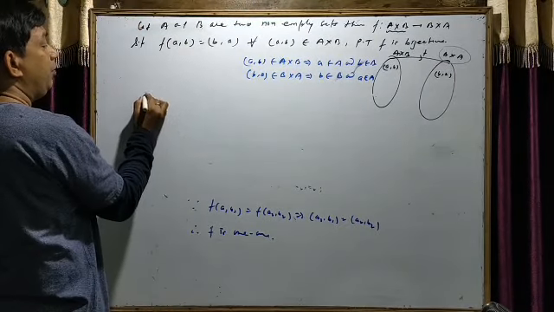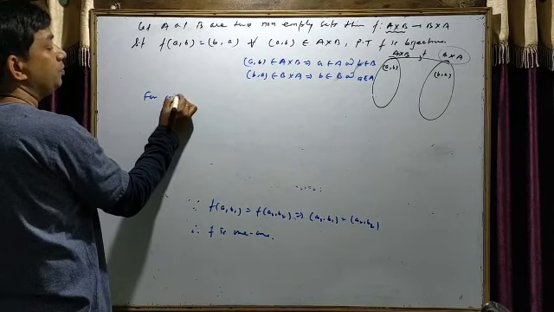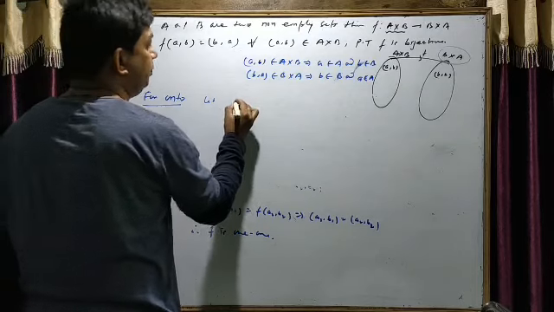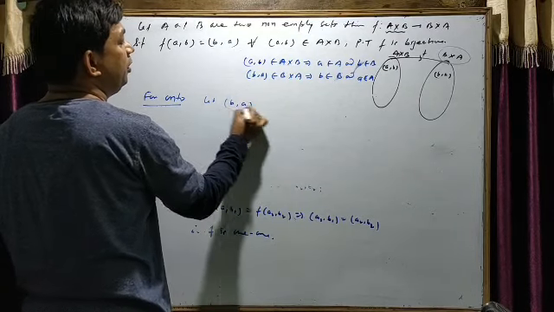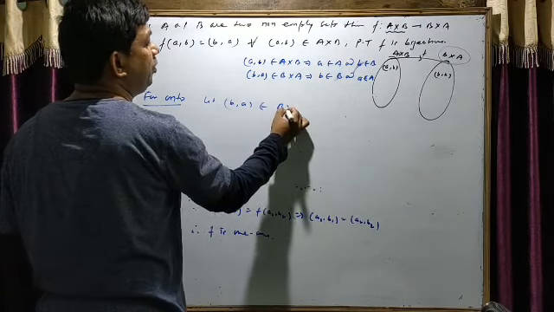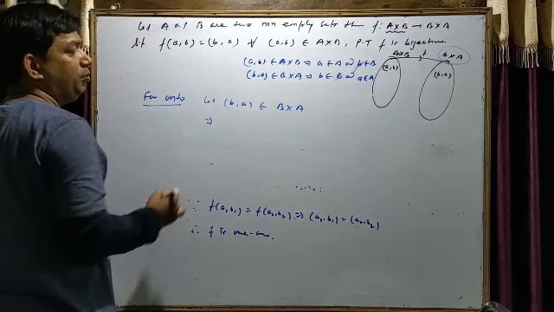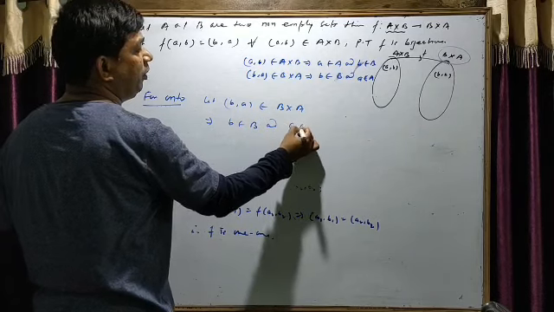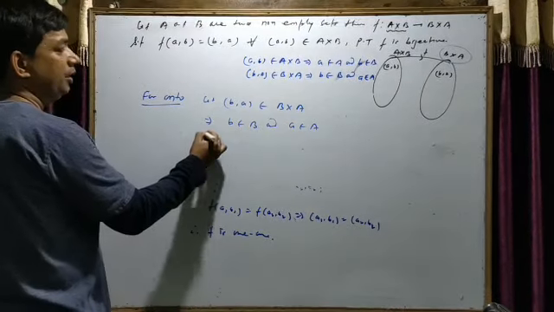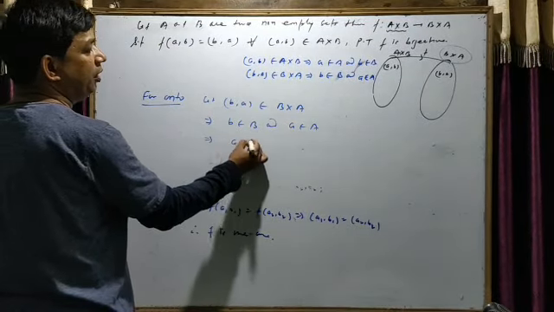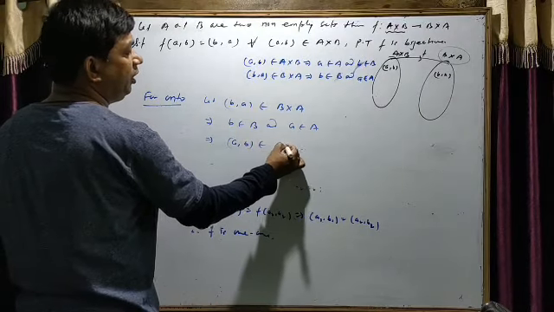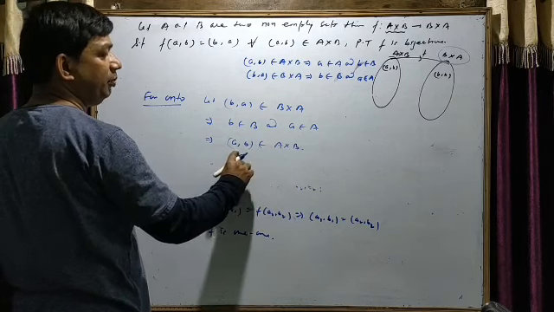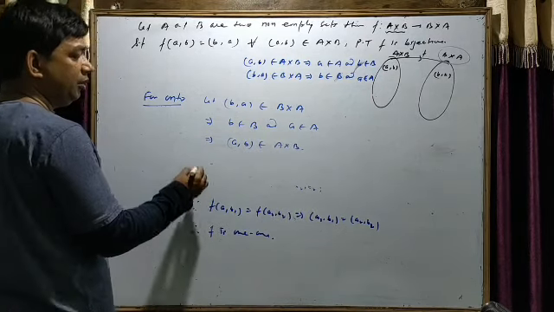Let for onto, let (b, a) belong to B cross A. So what it implies, b belongs to B and a belongs to A. That means (a, b) belongs to A cross B, we can write, because a belonging to A, b belonging to B, the same thing.